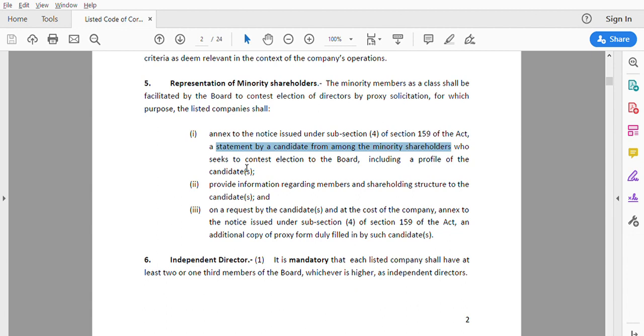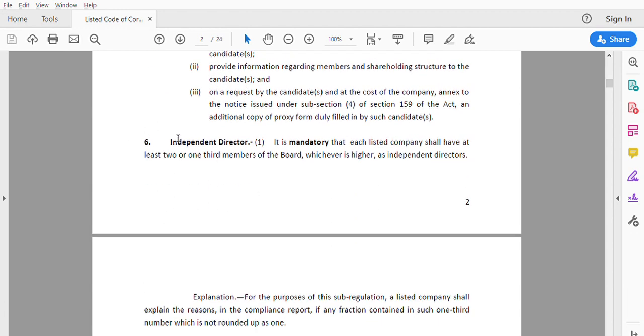This needs to be circulated amongst the members of the company, so that the members who are voting know that there is another person applying for the position of director in the election. So his profile needs to be made visible to the shareholders.